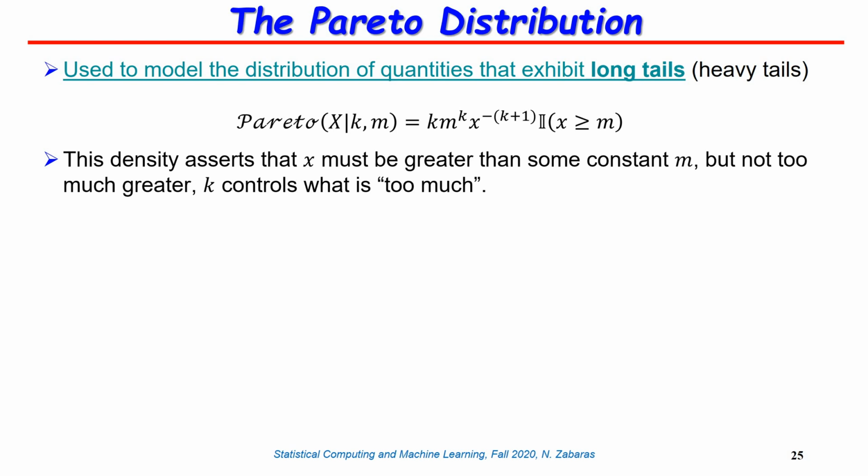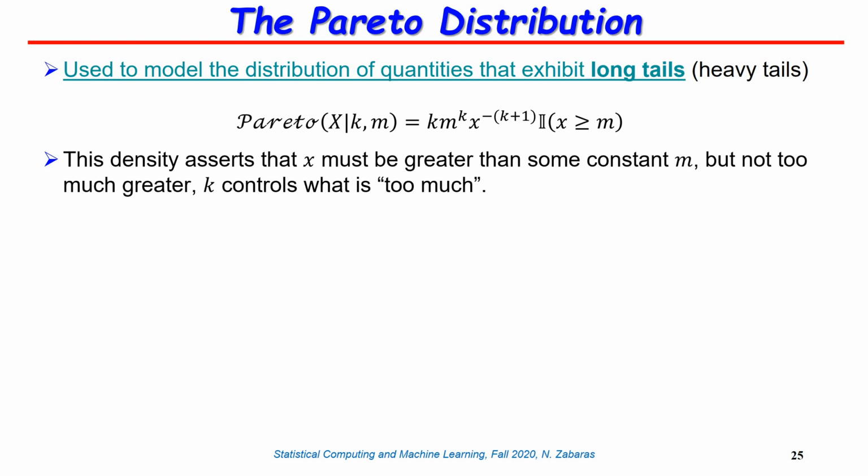But also we're using this a lot in natural language processing when we try to model the frequency of words. And words don't come uniformly. There are some words that come more often than others, so they have a higher frequency.